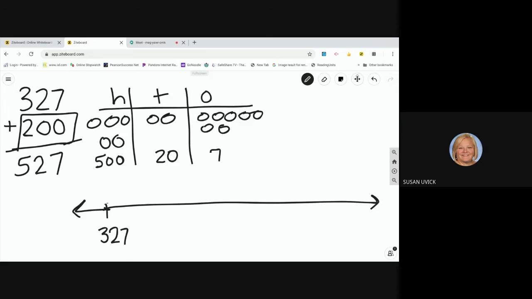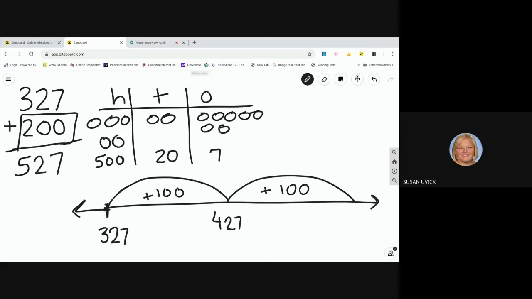So if I think about 327 and I add 100, what do I end up on? If you think about counting by tens, you end up at 427. If I add my second 100, what do I end up at? 527. Okay, not too tricky.